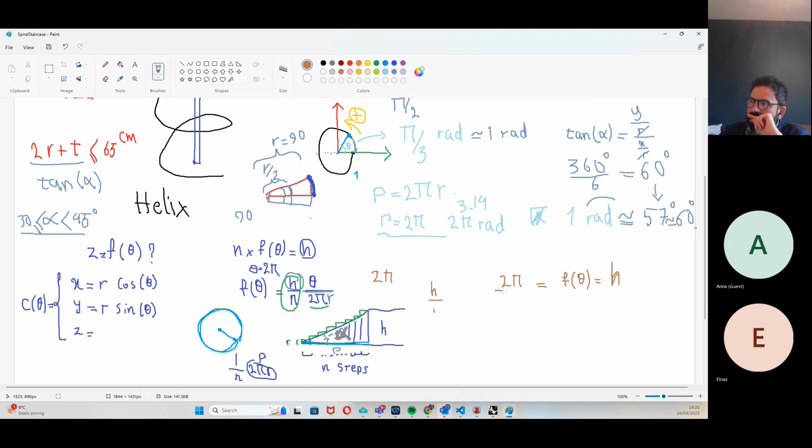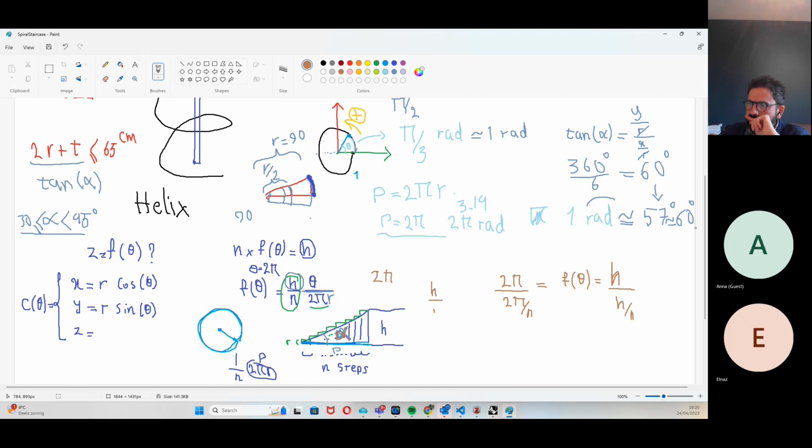When theta equals 2 times pi over n, this should be equal to h over n. Yeah? Am I making a mistake? No. So this doesn't tell me so much.